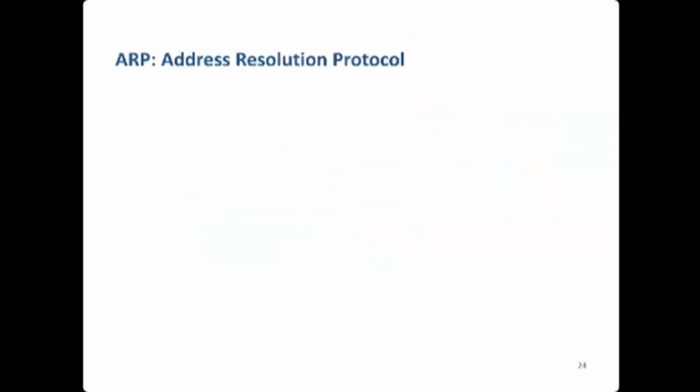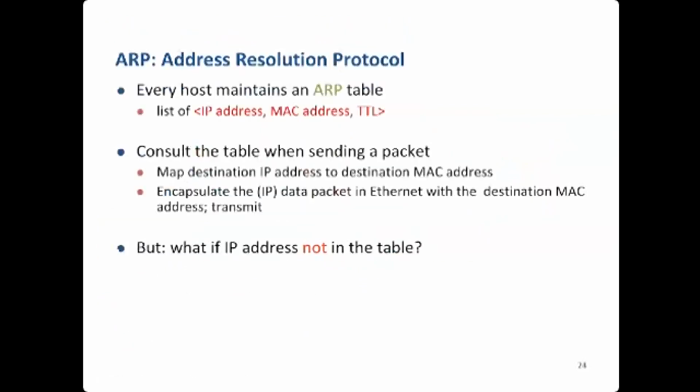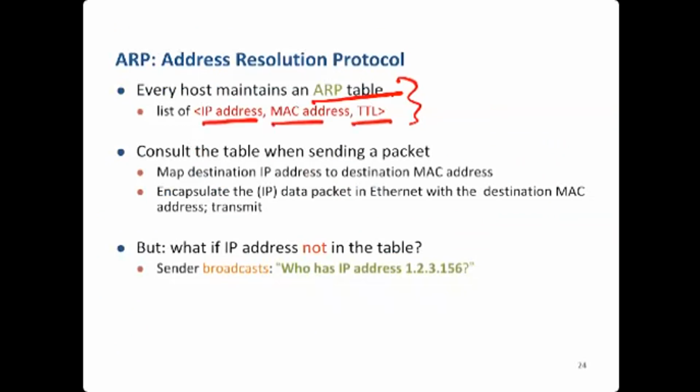All right, so now what will it do? The simple thing is that every machine, like your machine, will have at least a table called the ARP table, which will have the IP address, the MAC address, and the time to live or lifetime of this mapping, right?